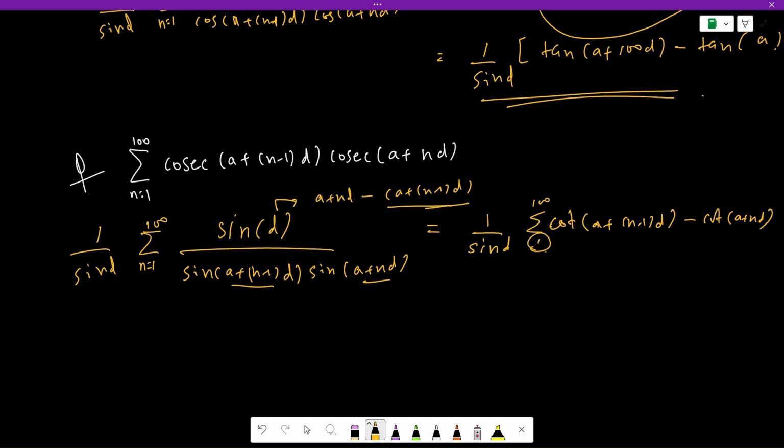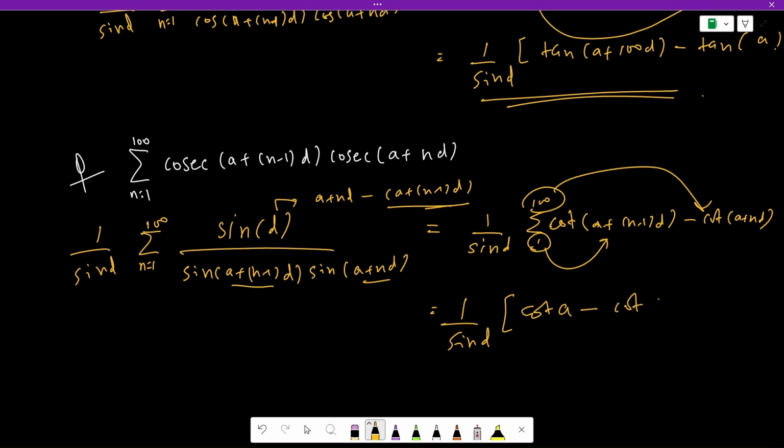Now 1 goes to this and 100 goes here, and we get 1 by sin d into this one will cancel and this will be cot a minus cot(a plus 100d). So this is the answer.